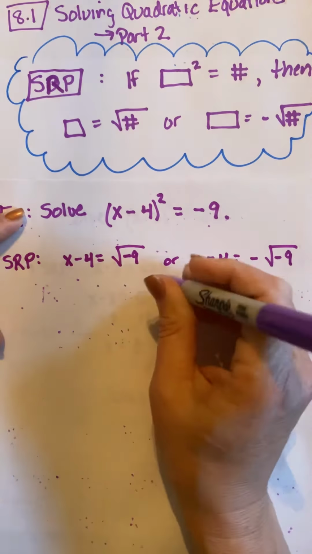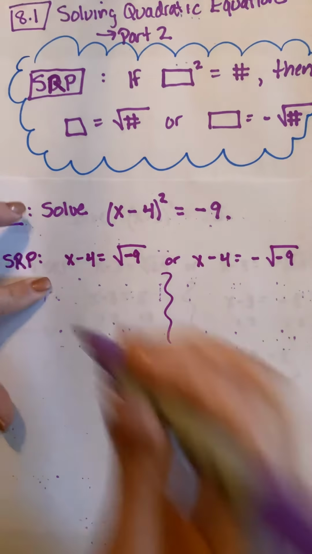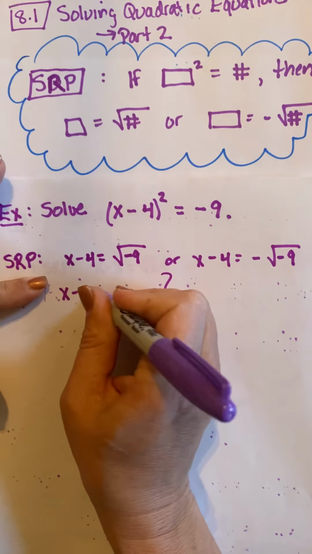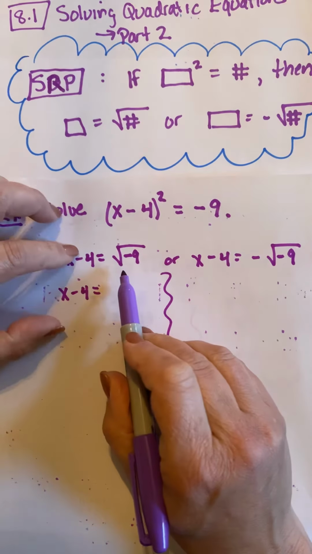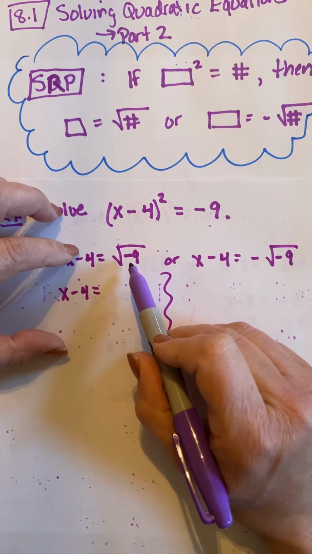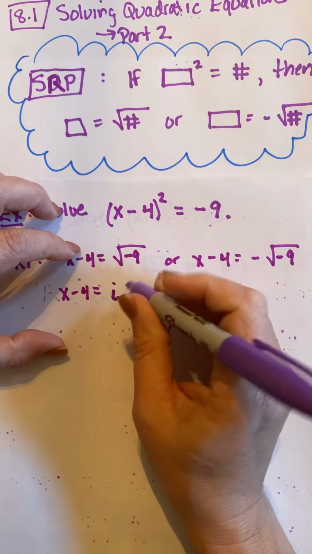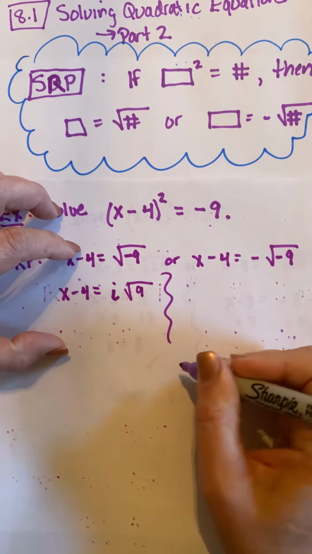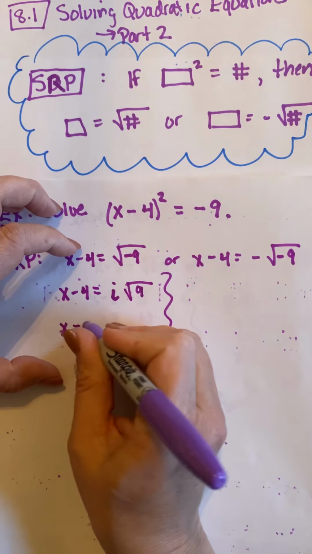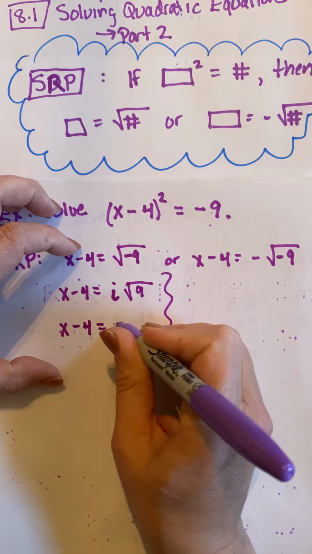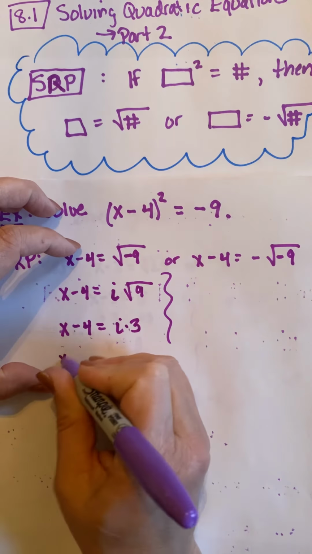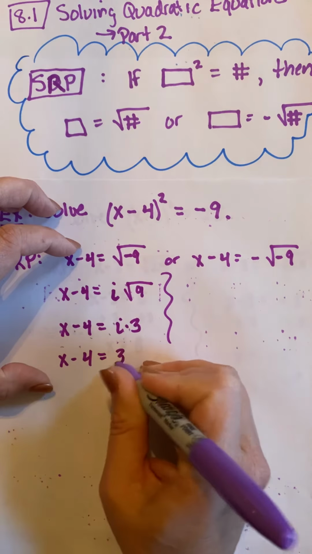So let's work on the positive side. x minus 4 equals, well, now we have to revisit 7.6. 7.6 works with our imaginary numbers. A negative under the radical is equivalent to i outside the radical. So the square root of 9, we know, is 3. x minus 4 equals i times 3. We're going to make it more visually pleasing, change it to 3i.